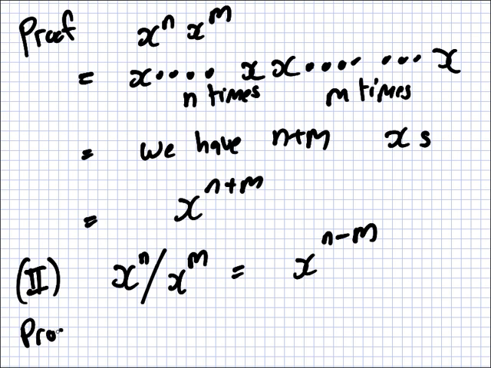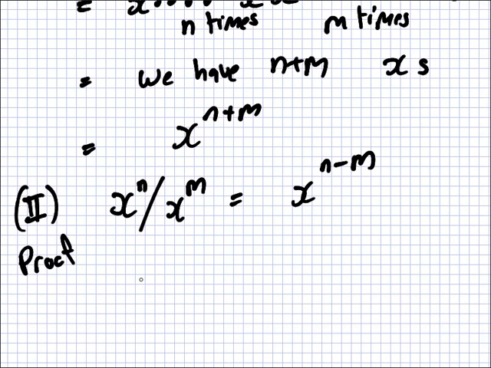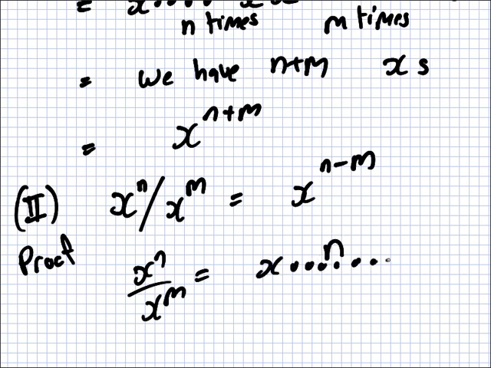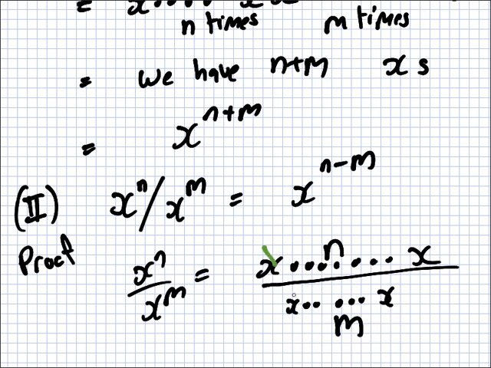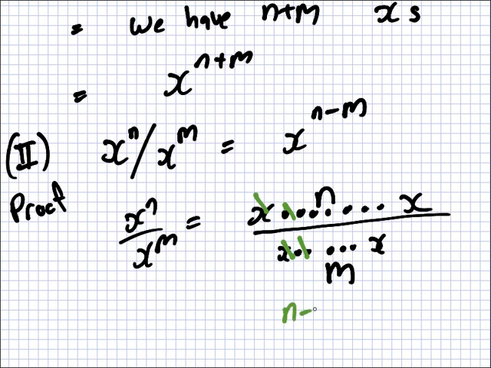And the proof: x^n over x^m, on the top you'll have n of them, and then on the bottom you'll have m of them. I should put the m outside the dots. And what happens here? You can cancel, can't you? So you can cancel 1 and 1, and then 2 and 2, and so on. So in total you're left with n minus m, because for every 1 down here you can cancel above.